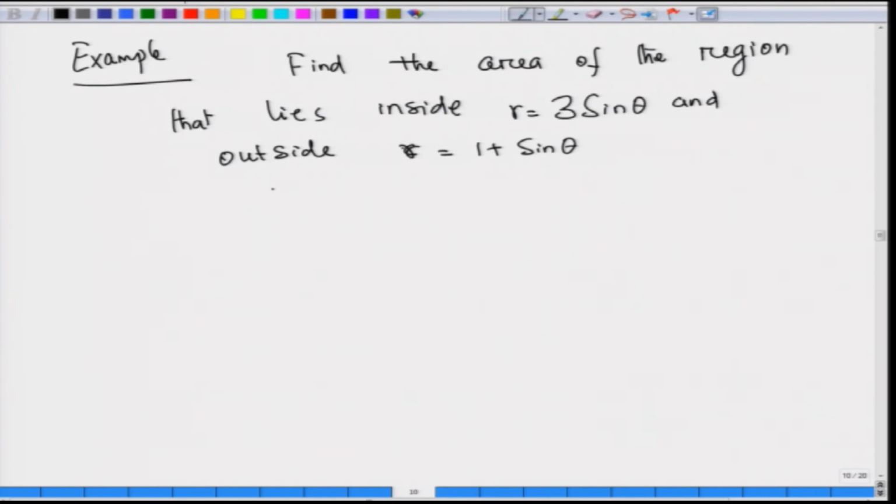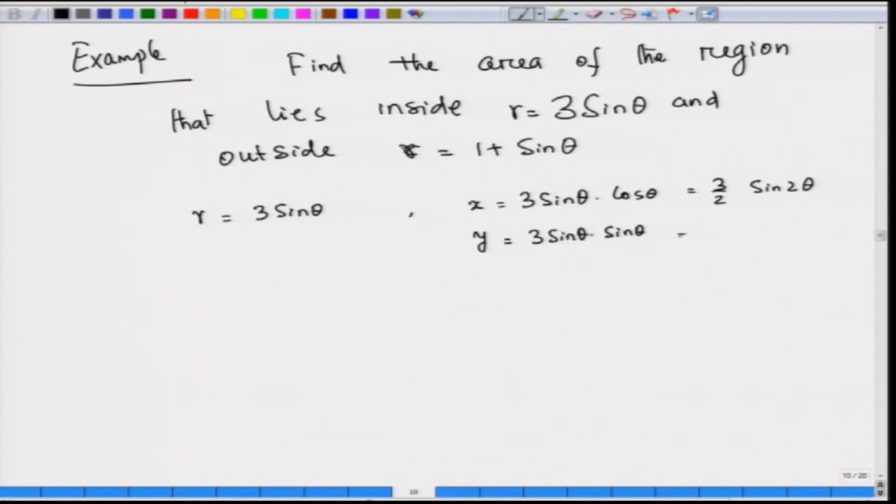So, if we look at the curve r equal to 3 sin theta, what curve are we going to get? x is equal to 3 sin theta into cos theta, which is equal to 3 by 2 sin 2 theta, y is equal to 3 sin theta into sin theta, which is equal to 3 sin square theta, which is equal to 3 by 2 into 2 sin square theta. 2 sin square theta is equal to 1 minus cos 2 theta.